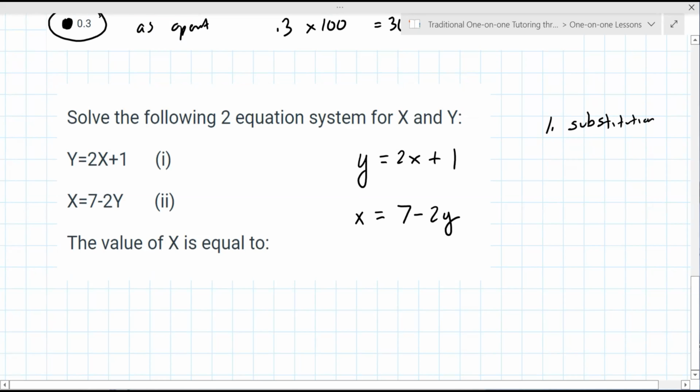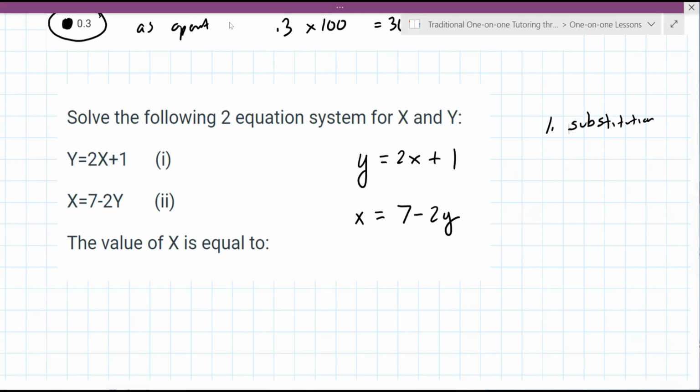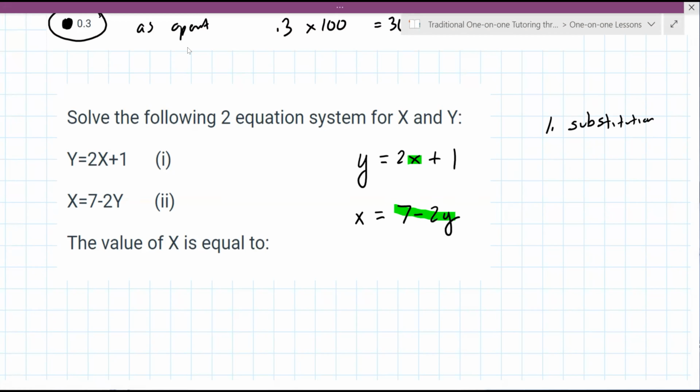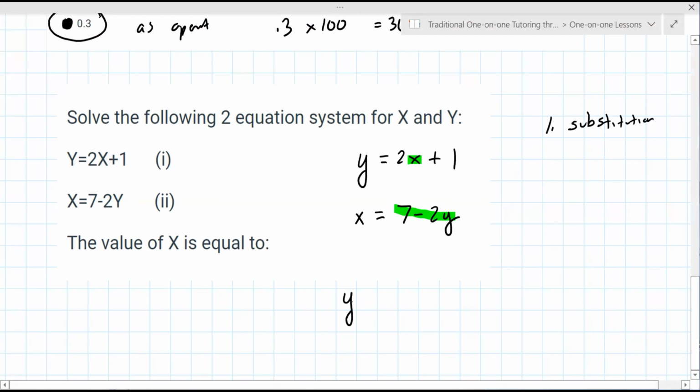You take everything that x equals, which is 7 minus 2y, and write it in for x. So I'm going to do that down here. It's y equals 2 parentheses 7 minus 2y plus 1. You literally take that, you shove it in for x, and then you have one variable left.